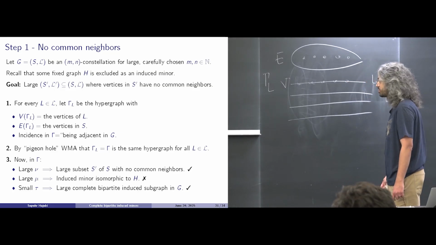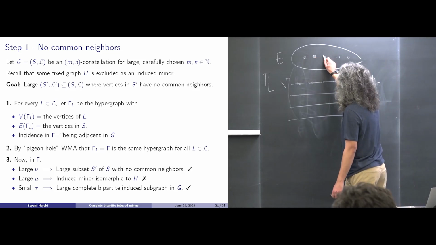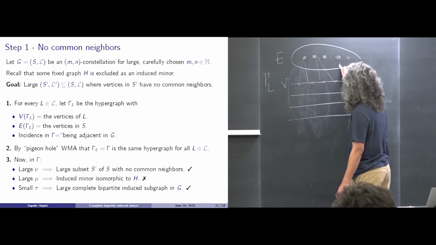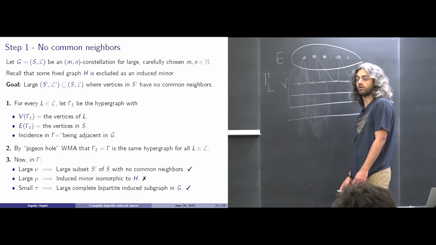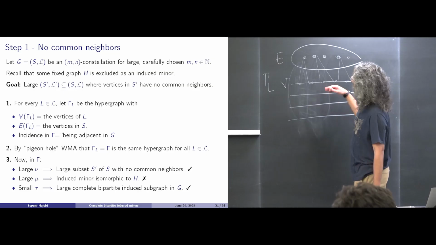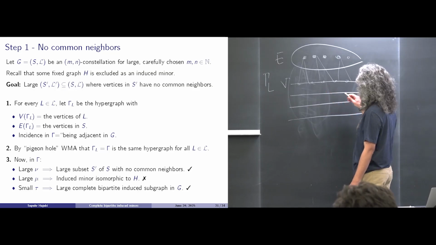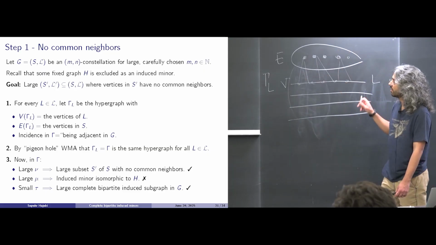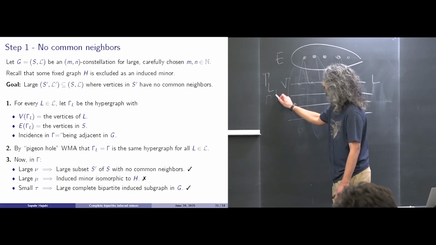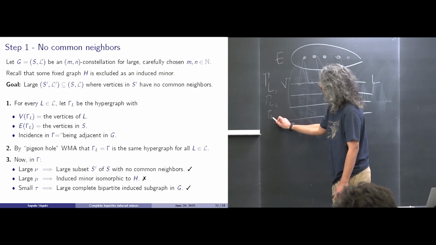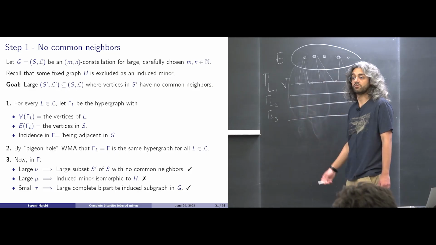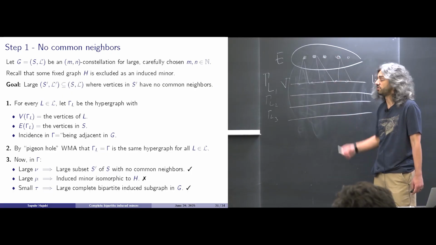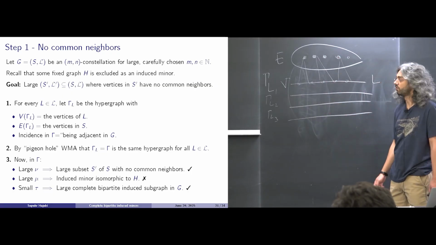If it contains a big matching, it means there are a lot of vertices here such that they do not have common neighbors along these paths. And okay, before I move on, because I can assume that the number of paths is much, much bigger than the number of vertices in here, I can actually assume that this hypergraph is the same for all of these paths, because there are only so many hypergraphs with this being the set of hyperedges, if the number of paths is big enough.